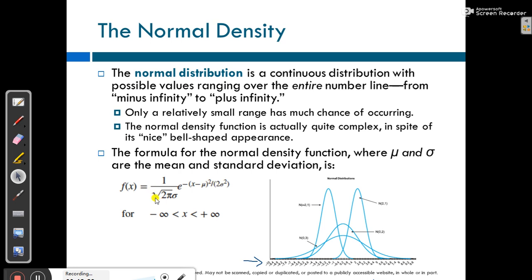It is a bit complex, but you can remember this or apply it to find the density function. It is 1 divided by sigma times the square root of 2 pi, multiplied by e to the power of minus (x minus mu) whole squared divided by 2 sigma squared, where x is between minus infinity and plus infinity. So that is the equation. Try to remember it.